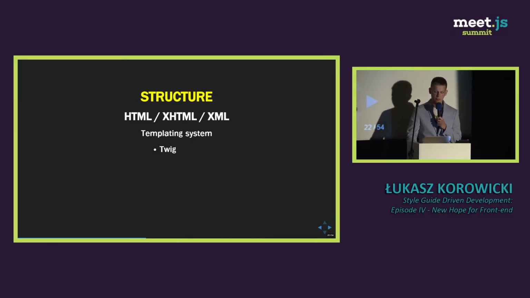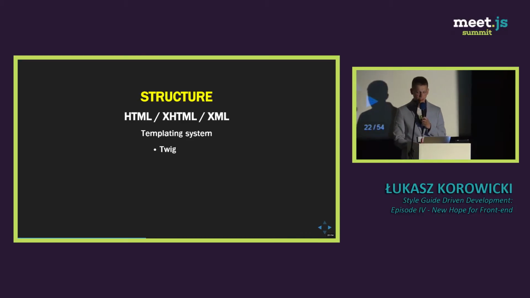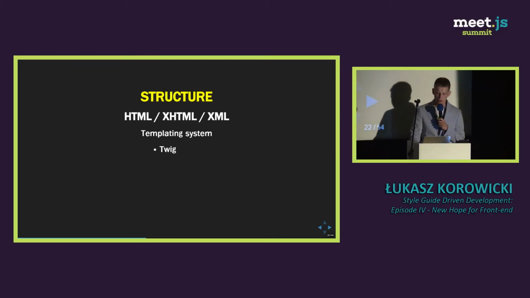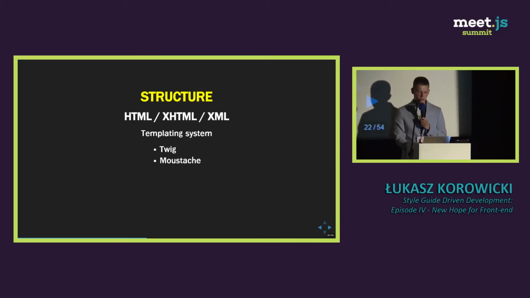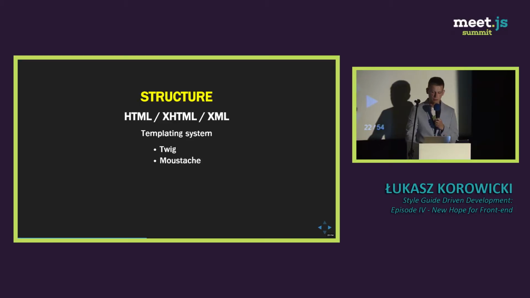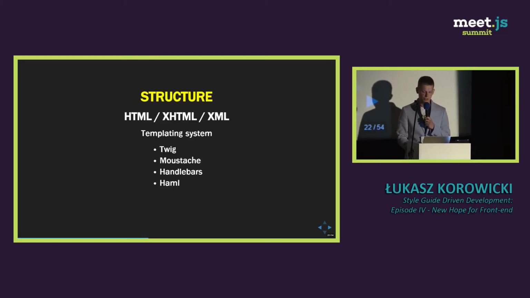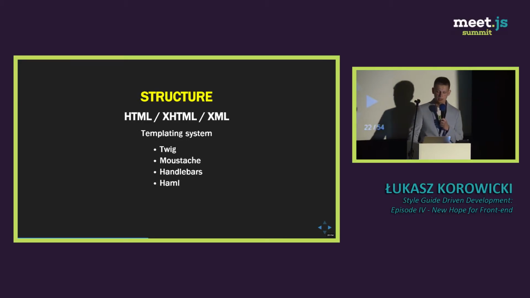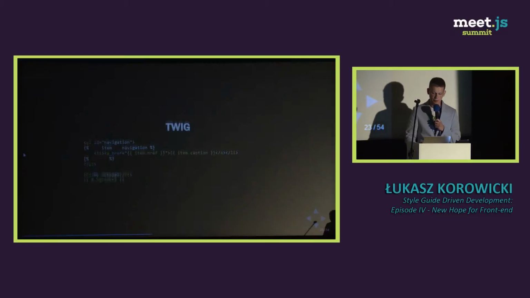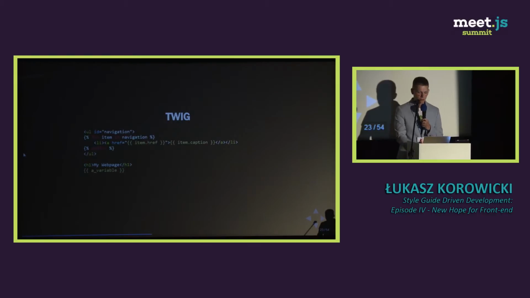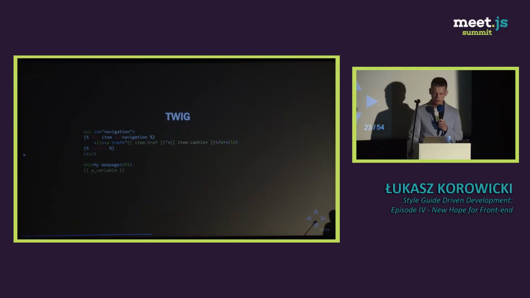For example, we can use Twig for PHP, and also for JS, because there is Twig.js. We can use Mustache, which is a bit old, and Handlebars, which was developed over Mustache. We can also use Haml or Jade. These are just sample codes showing how these templating systems look.